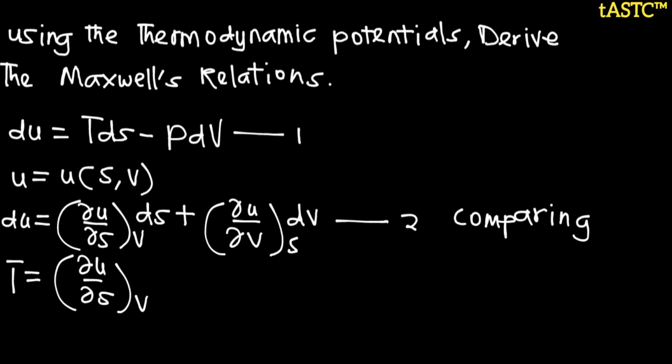Now this form, we're actually going to differentiate with respect to V at constant S. What does that mean? We already had this as a derivative with respect to S. So in this case, S was the variable and V was the constant. Now we're going to differentiate it in the form that V would be the variable and S would be the constant.